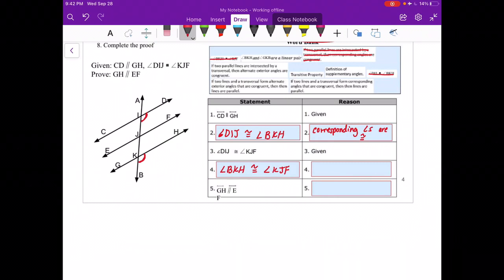So if DIJ is congruent to BKH, and we know that angle DIJ is congruent to KJF, then we can assume that BKH is also congruent to KJF by the transitive property. So our reason for number 4 is going to be the transitive property.